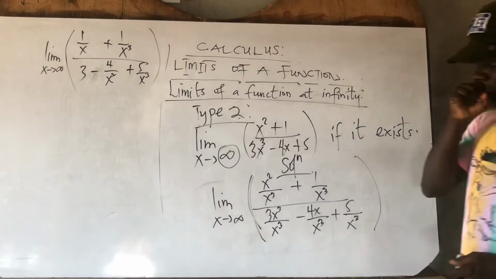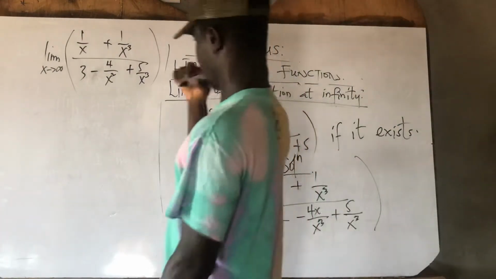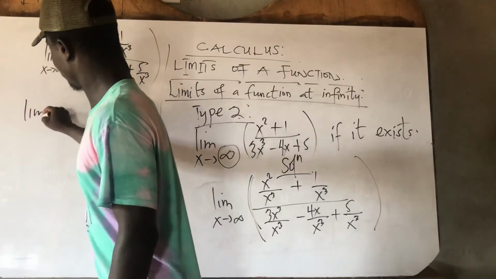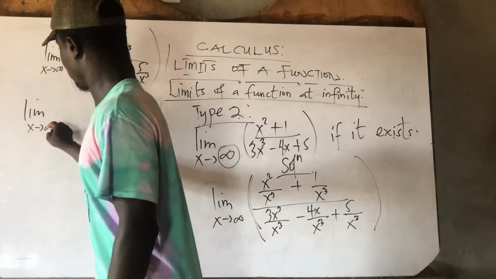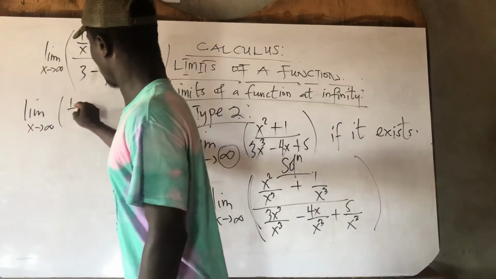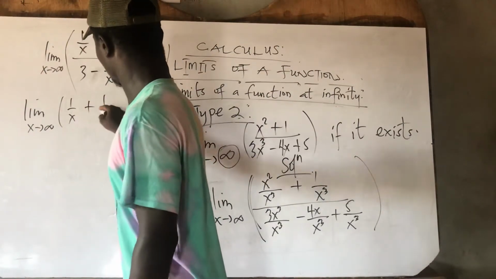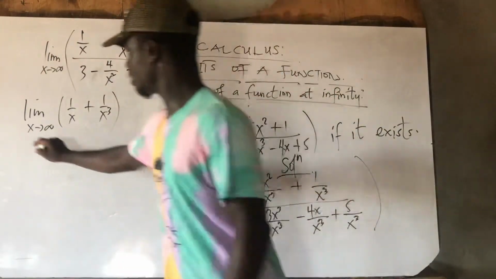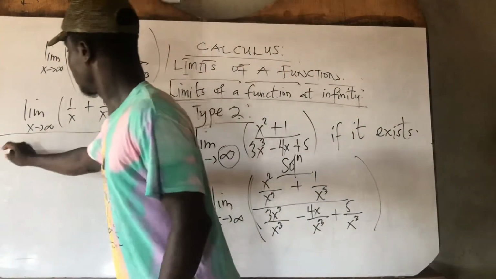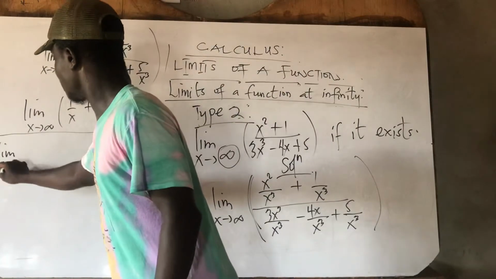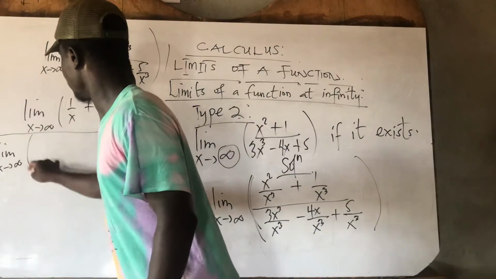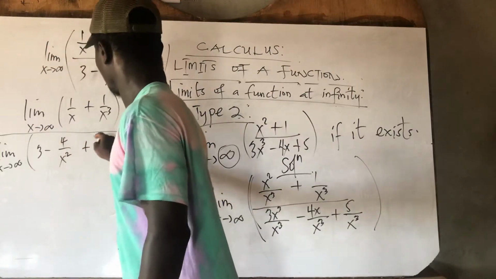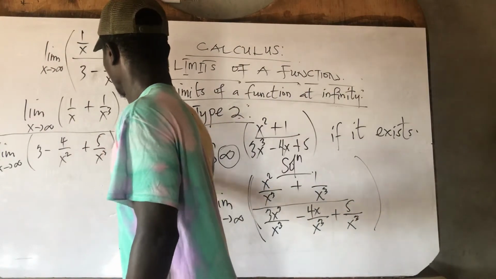So now we have the limit as x approaches infinity of 1 on x plus 1 over x cubed, so you take the numerator, then the denominator, all on the limit as x approaches infinity of 3 minus 4 on x squared plus 5 on x cubed.